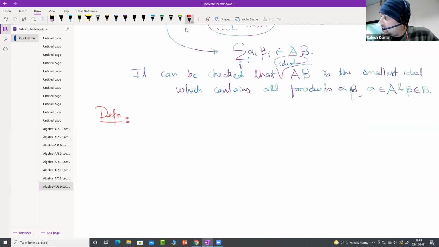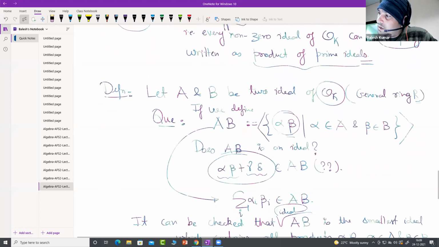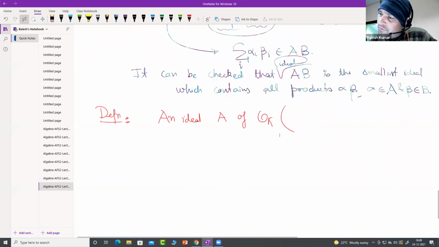And what it says is that if you have an ideal, let's say A of OK, and in fact this product of ideals can be defined for a general ring, and this divisibility can also be defined for a general ring.